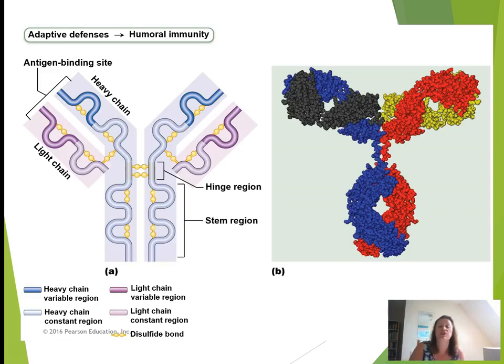However, the variable regions are going to differ based on the antigen that that antibody is created to destroy. So the basic antibody structure: 2 heavy, 2 light, a variable region, and a constant region. The antibodies are divided into 5: IgM, IgG, IgA, IgD, and IgE. They all do different things. We're not worried about that.